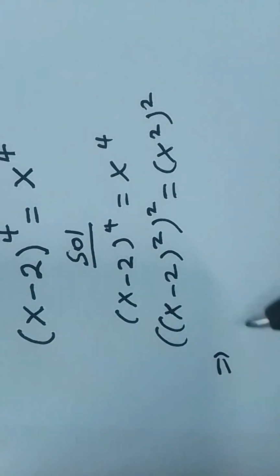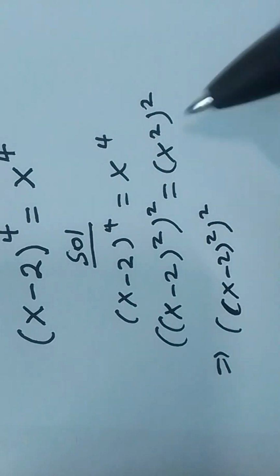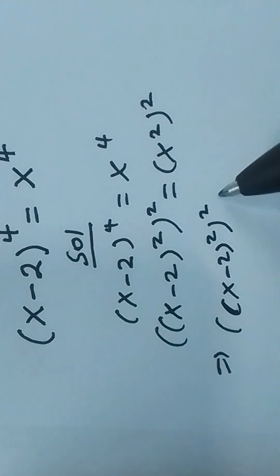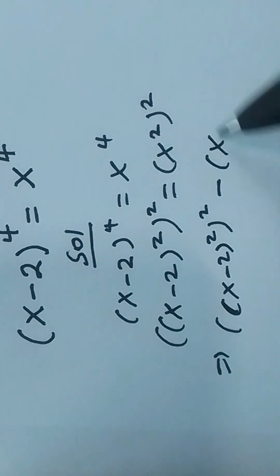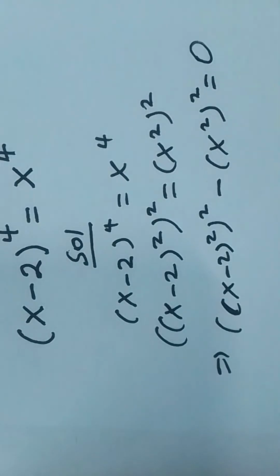This means that we have ((x - 2)^2)^2 equals (x^2)^2. Let us move this guy to the left side. So that becomes ((x - 2)^2)^2 - (x^2)^2 equal to 0.